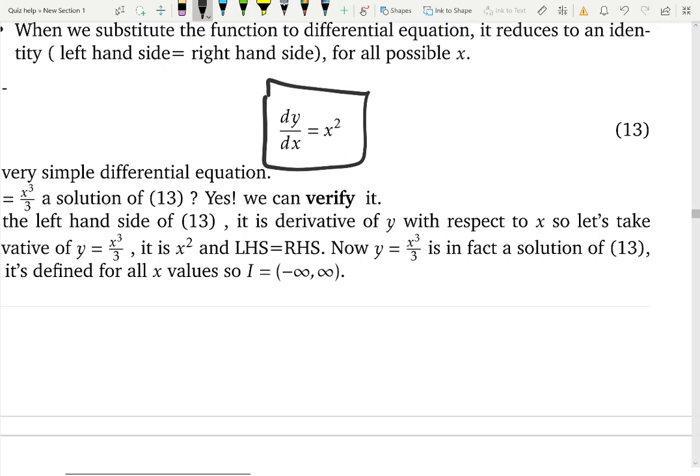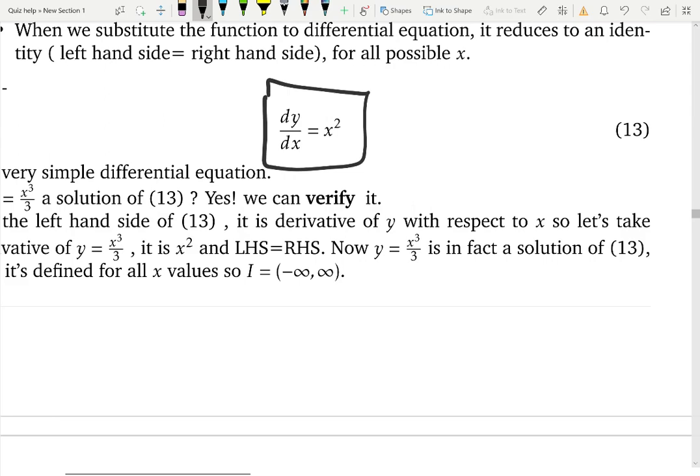Now y is a function, so the solution for a differential equation is a function. Okay, now I have to be careful there. I cannot say "the solution", because a differential equation can have infinitely many solutions. Okay, keep that in mind. Or sometimes a differential equation can have a unique solution.